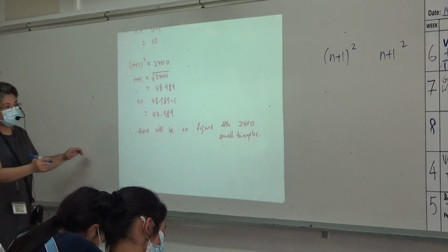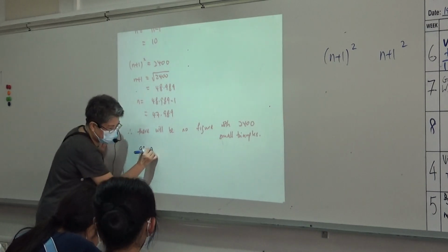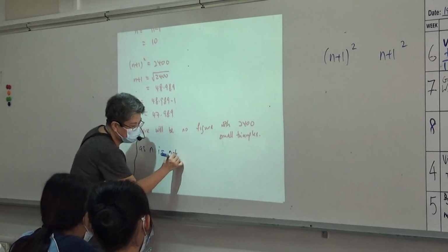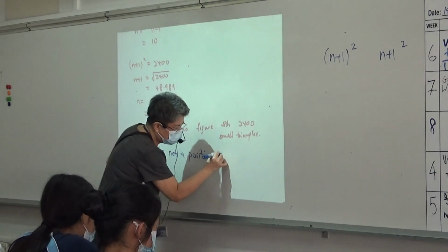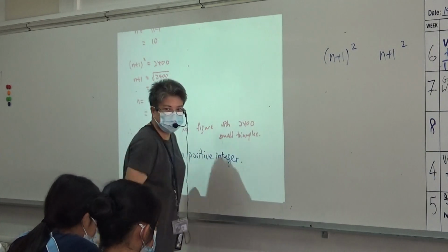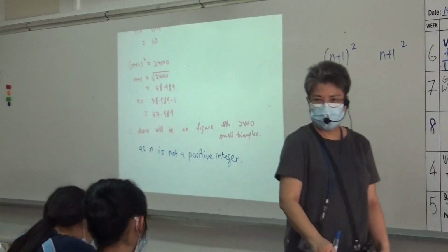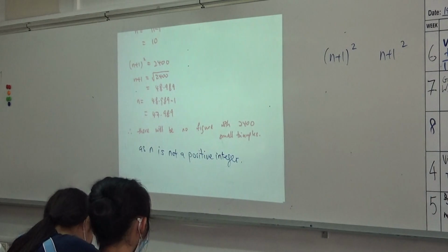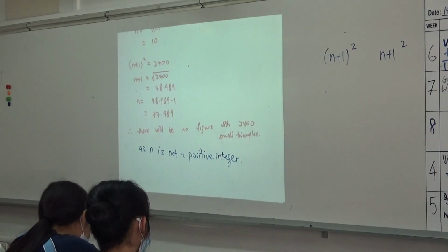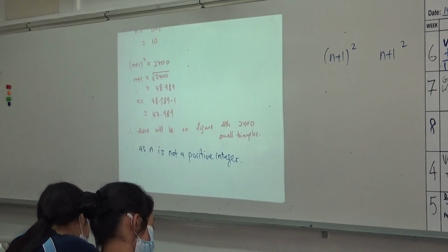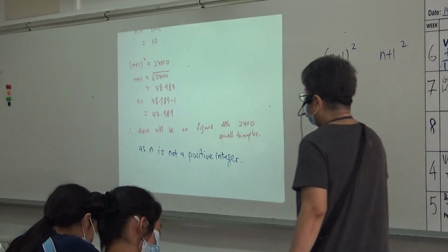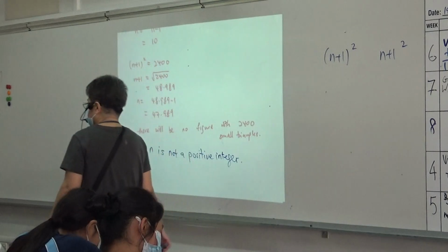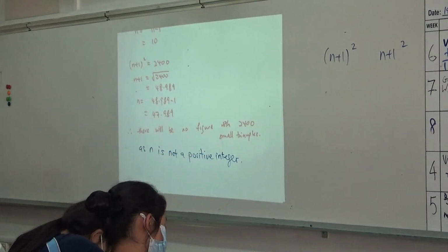As n is not a positive integer. You must add this. That will be your question number 2.